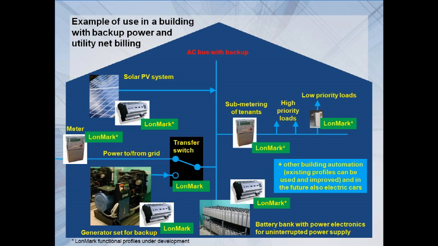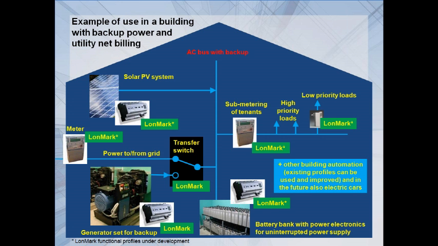And during the startup time of the genset, you need a battery bank to handle the situation, and that you see at the bottom of the picture. So far, what I have explained is a quite traditional backup power system. But as you can see here, we have some additional items.